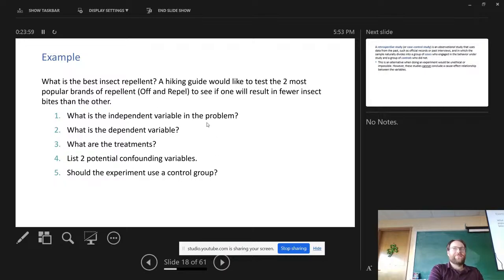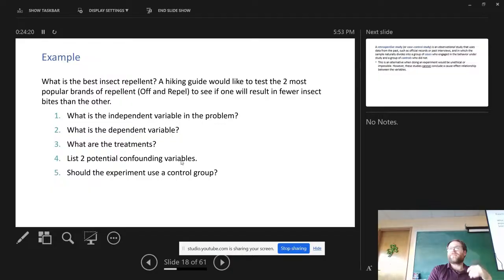What are some other things that could throw off the data in that experiment? Someone might not put on the same amount. Like they might not put it all over their body. So different amounts of the repellent.